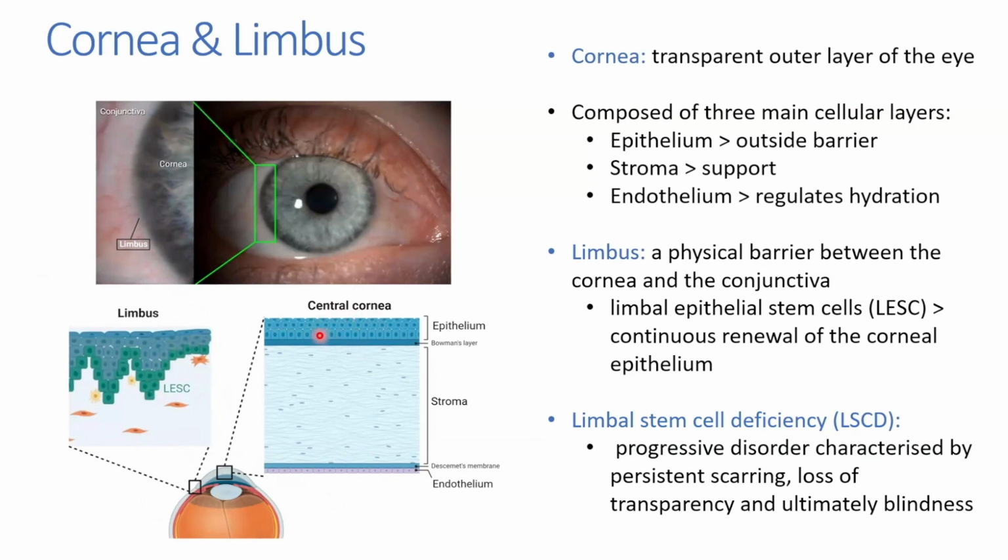There's a disease you've probably all heard about, limbal stem cell deficiency, that happens when these cells are malfunctioning or lost for whatever reason: a genetic disease, a chemical burn, a lot of different causes. These cells cannot be replenished, the central cornea epithelium has problems, and then there's persistent scarring, loss of transparency, and ultimately people lose their sight.